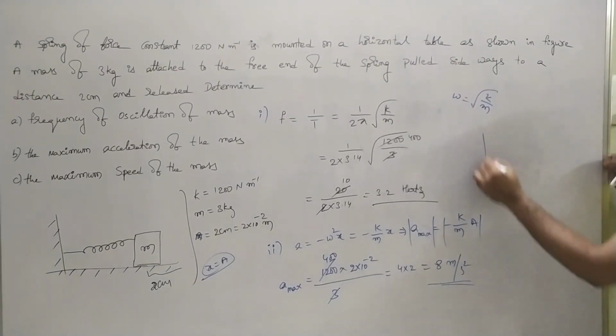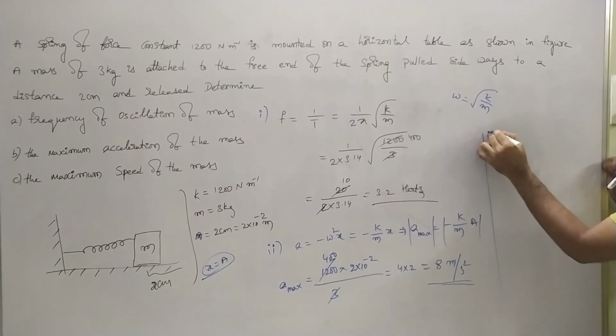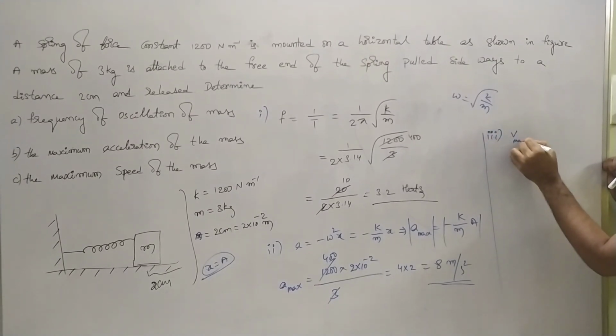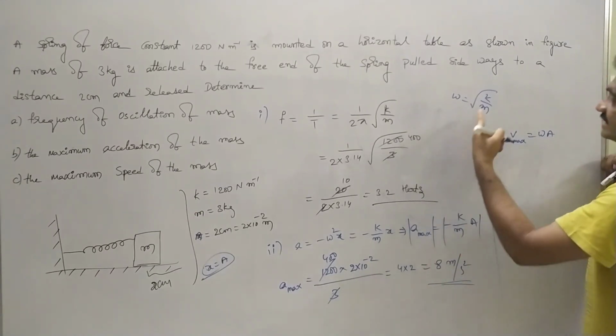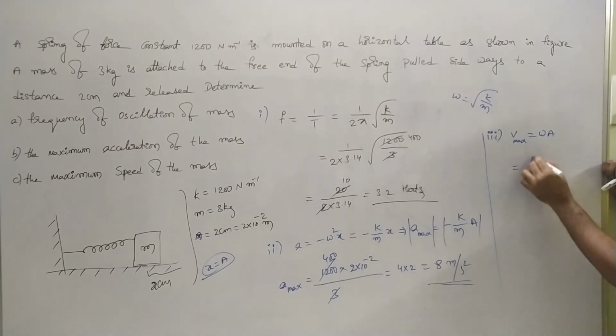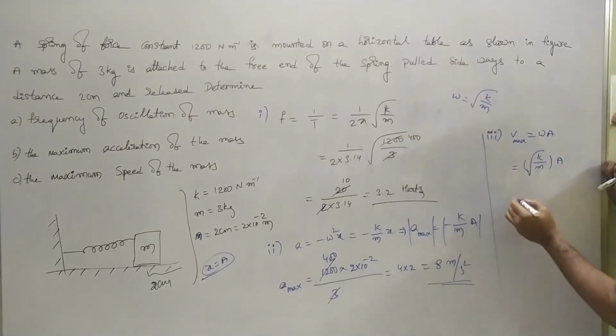Now we have to represent the maximum velocity. We know that V max is equal to omega A, where we know the value of omega as under root of k by m. As we substitute, we have under root of k by m into A, where the value of k is 1200.